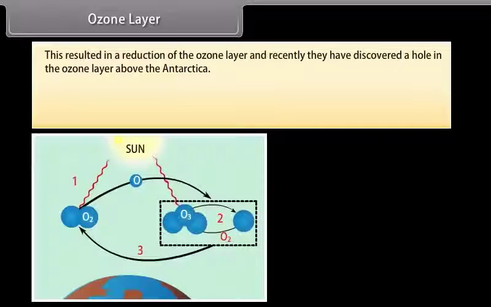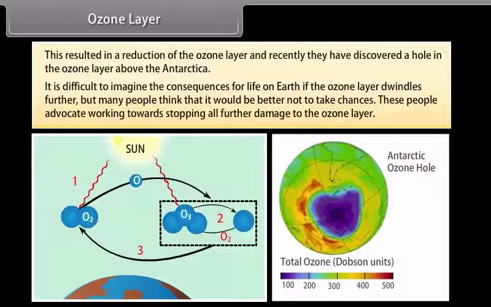This resulted in a reduction of the ozone layer, and recently they have discovered a hole in the ozone layer above the Antarctica. It is difficult to imagine the consequences for life on Earth if the ozone layer dwindles further, but many people think that it would be better not to take chances. These people advocate working towards stopping all further damage to the ozone layer.